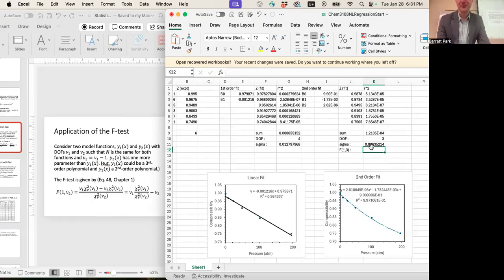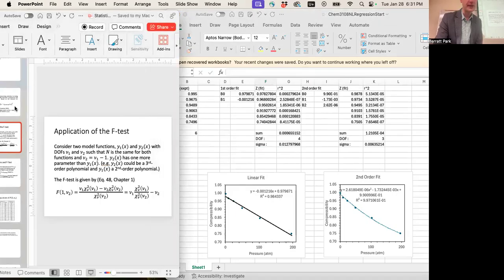I'll use this one. So according to this equation, I want the number of degrees of freedom in fit 1, which is this one. So 4 times, oh, I'm sorry, I forgot to calculate the reduced chi-square value. I'm going to need that first. So I got ahead of myself. So first, let's calculate the reduced chi-square value for both of these fits. And then we have all the parameters that we need to evaluate this equation.